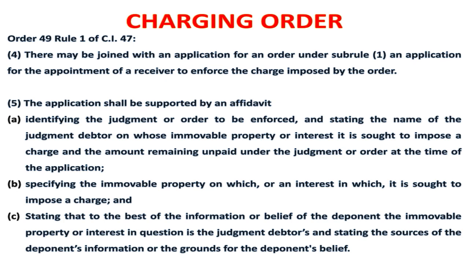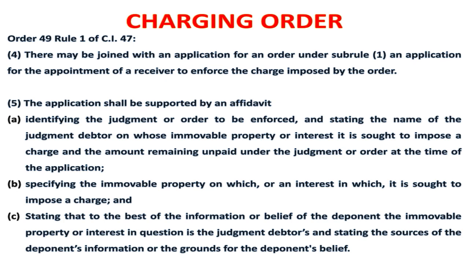When you're applying for a charging order, what should be the components of the affidavit in support? You will see that under Order 49 Rule 1 Sub Rule 5. It reads as follows, and I quote: the application shall be supported by an affidavit. A. Identifying the judgment or order to be enforced, and stating the name of the judgment debtor on whose immovable property or interest it is sought to impose a charge, and the amount remaining unpaid under the judgment or order at the time of the application.